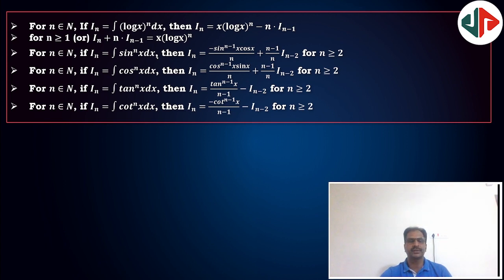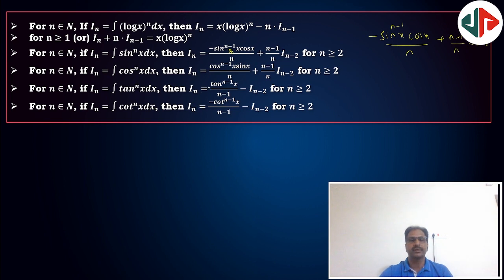Integral sin power n x is minus sin power n minus 1 x cos x by n plus n minus 1 by n I n minus 2. Similarly, integral cos power n x is cos power n minus 1 x sin x by n plus n minus 1 by n I n minus 2.